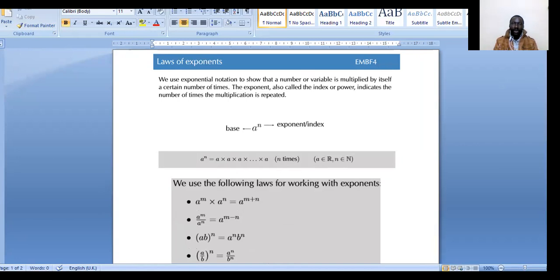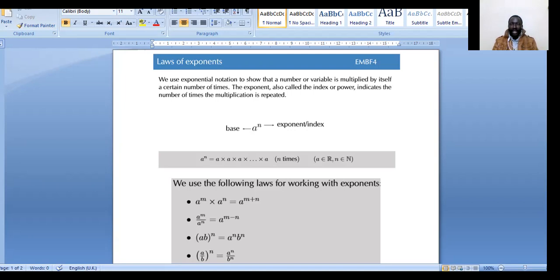What does it mean when someone talks of exponent? What do we refer to? Well, the word exponent, also known as an index or a power, indicates the number of times a variable or some number is multiplying itself, okay?